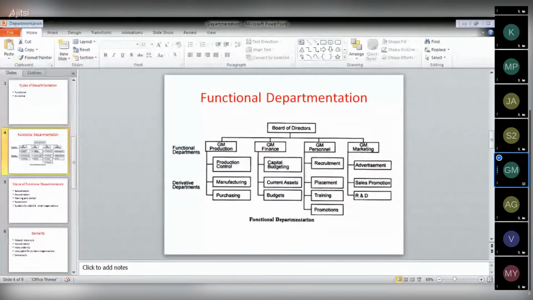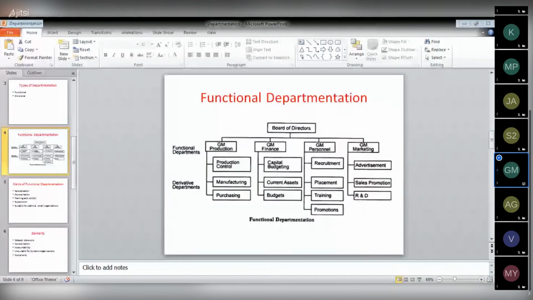So coming to the limitations and demerits of the functional departmentation, one thing is that in the process sometimes employees may lose sight of the overall organizational goals, because they are always worried about the functional department objectives, right?